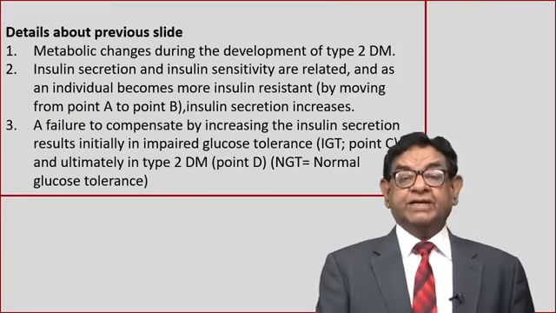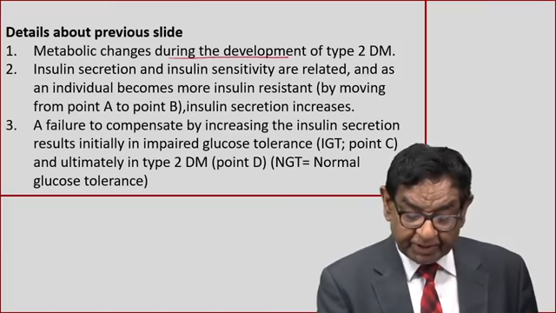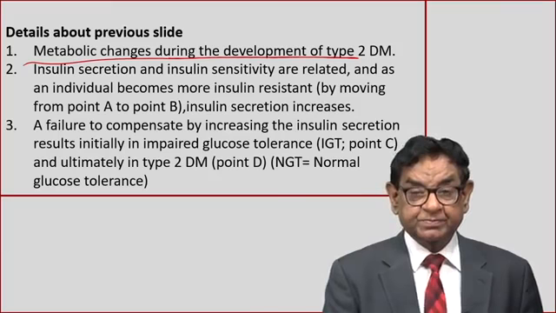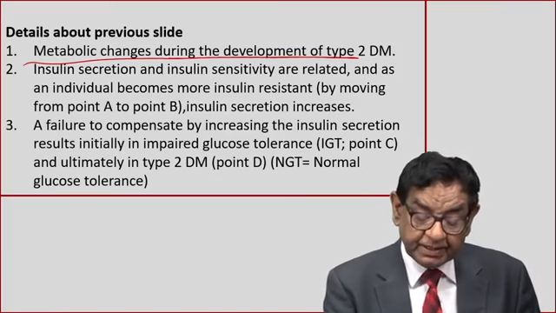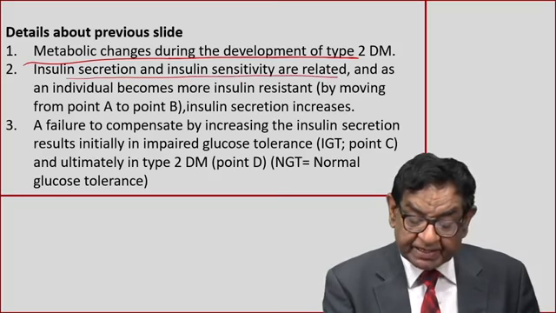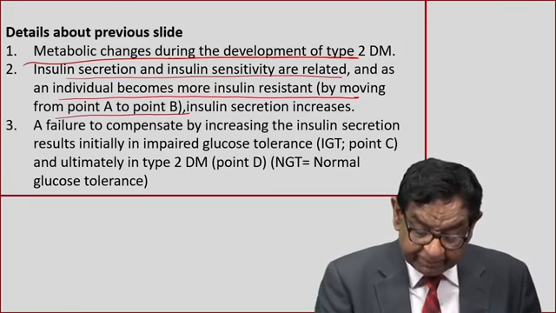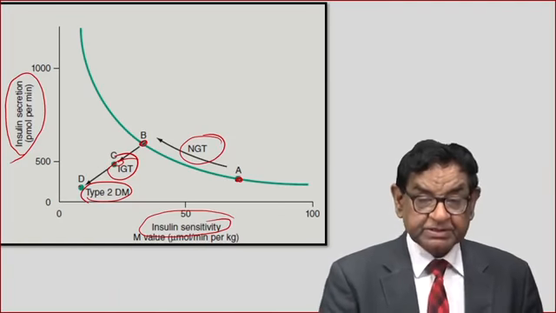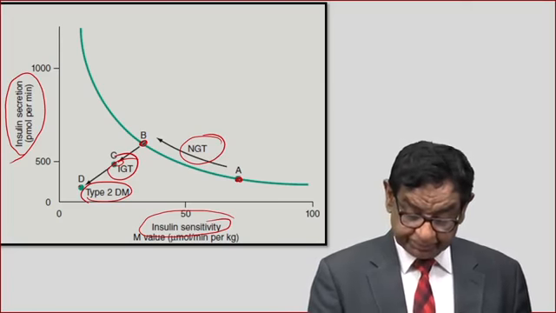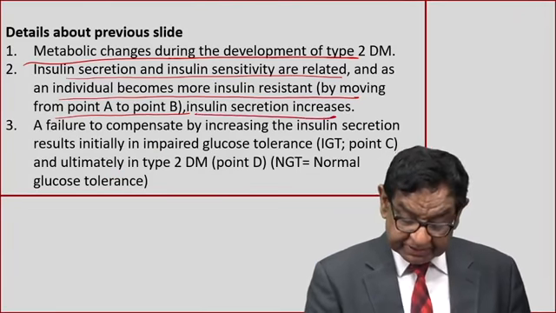So now the details about the slide. Metabolic changes during the development of type 2 diabetes, the heading. How does it start? Insulin secretion and insulin sensitivity are related as individuals become more insulin resistant by moving from point A to point B. More and more resistance is going on. Insulin secretion increases.